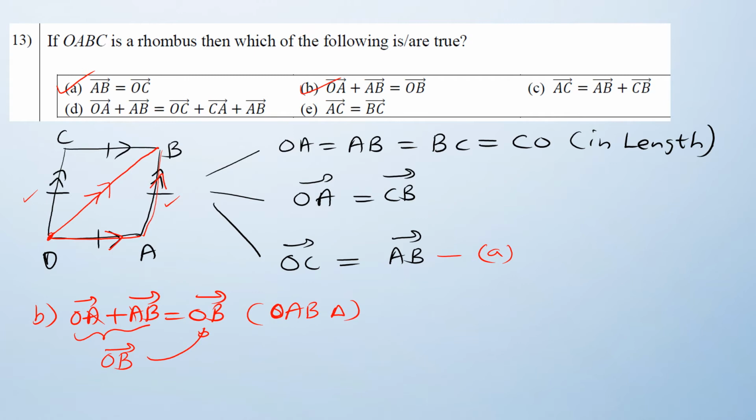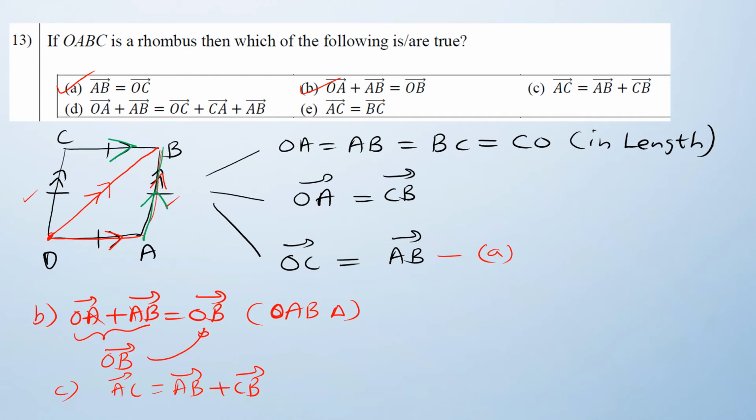C. AC equals AB vector plus CB vector. AB vector from here to here, the direction, plus CB vector from here to here.